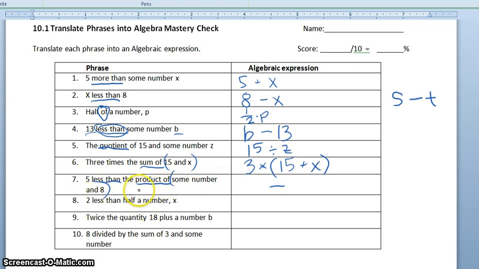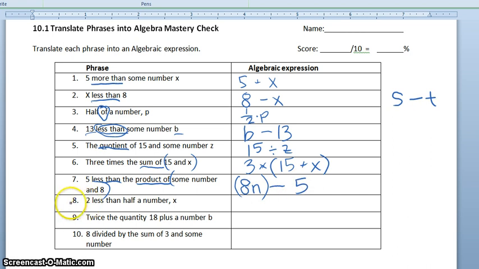So some number and 8, and product means that I'm multiplying. So some number and 8 is going to be n times 8, or 8 times n. It's multiplication, so order doesn't matter there. You can put the parentheses around it. You actually don't need them because you would multiply before you subtract anyway, but you can put them there if you want. And then 5 comes at the end.